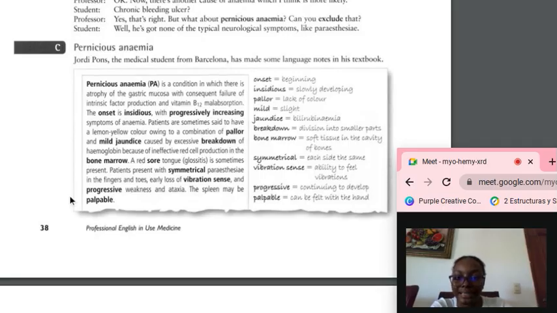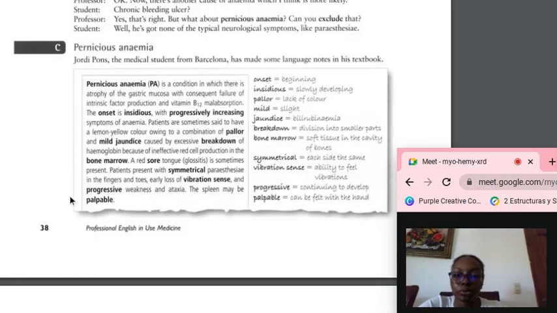The onset is insidious with progressively increasing symptoms of anemia. Patients are sometimes said to have a lemon yellow color owing to a combination of pallor and mild jaundice caused by excessive breakdown of hemoglobin because of ineffective red cell production in the bone marrow.